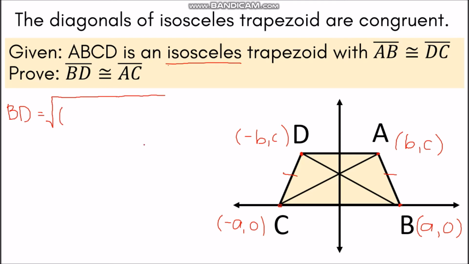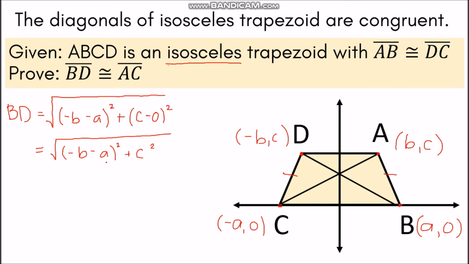So x sub 2 minus x sub 1: negative b minus a, then squared, plus y sub 2 minus y sub 1: c minus 0, then squared. Simplify this. You have negative b minus a, then squared, plus c squared.